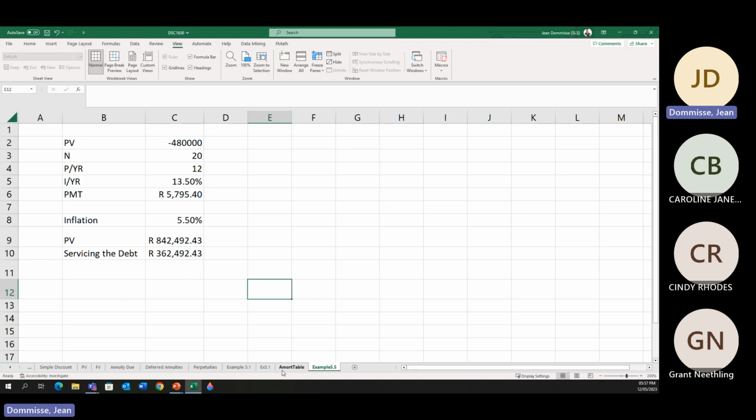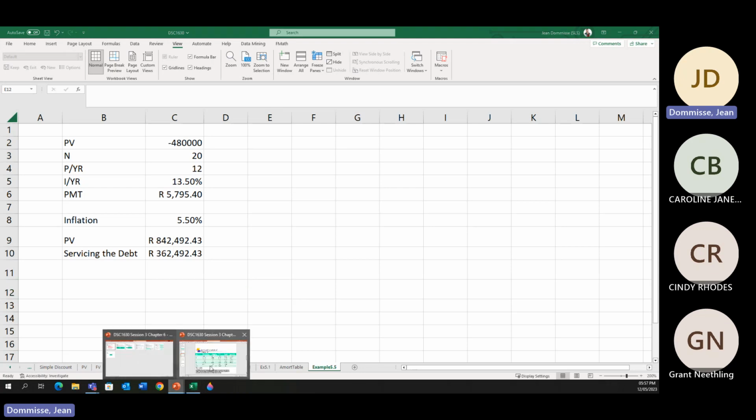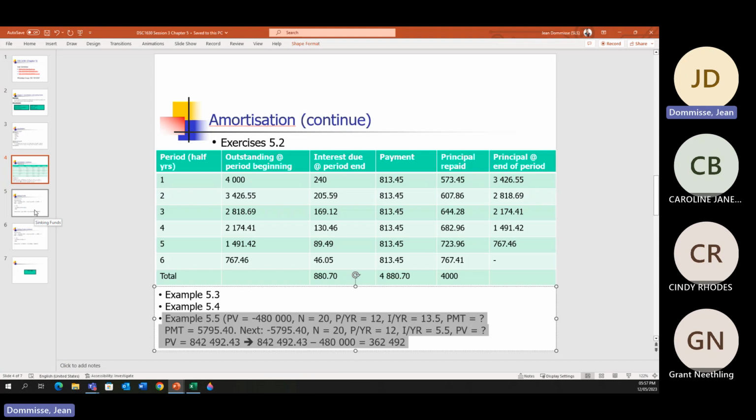So that basically is a look at amortization, the table, and then if you need to work out servicing of debt as well. Okay, up until this point, everyone okay with that? Then we can go into sinking funds as well, and then we can start looking at cash flows after that.